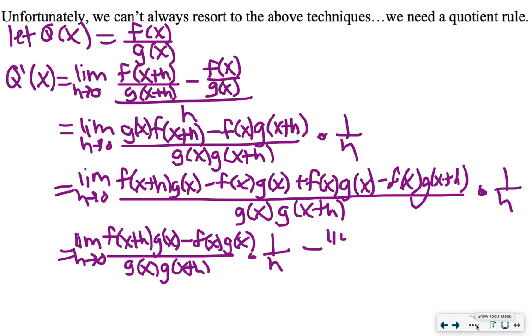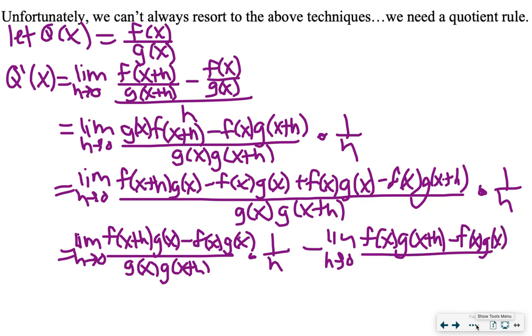So I've got my limit as h approaches 0 of f of x times g of x plus h minus f of x, g of x, all over the g of x times g of x plus h. And that's all being multiplied by my 1 over h.